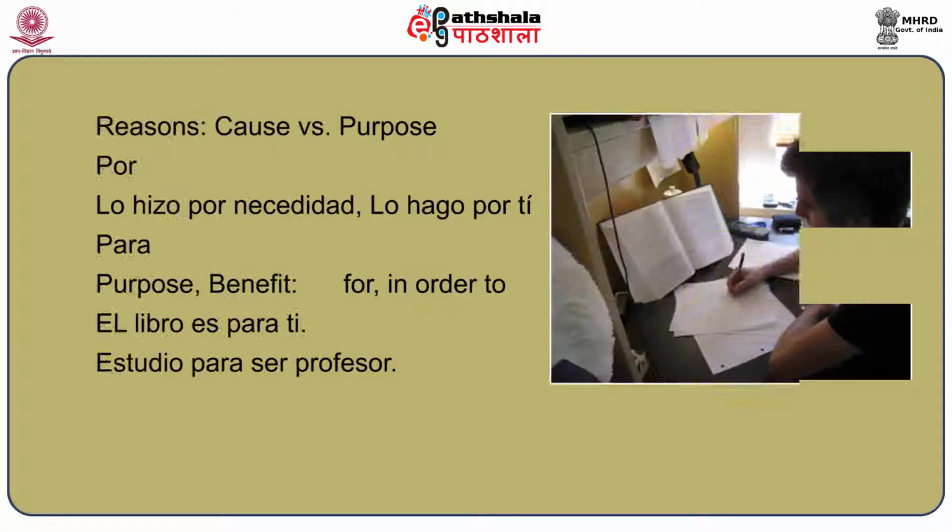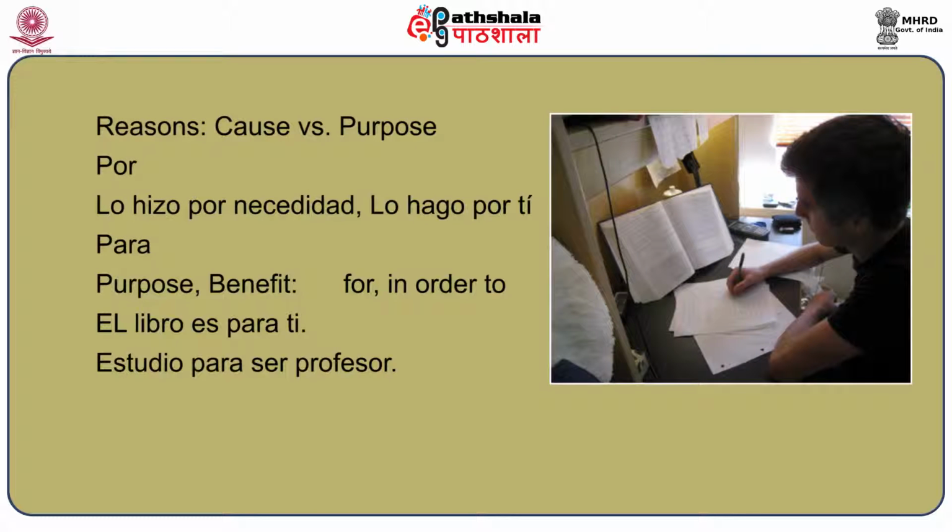Next is the case of reasons. Comparing por and para. Por meaning cause or motive, translated as because of, due to. Lo hizo por necesidad.